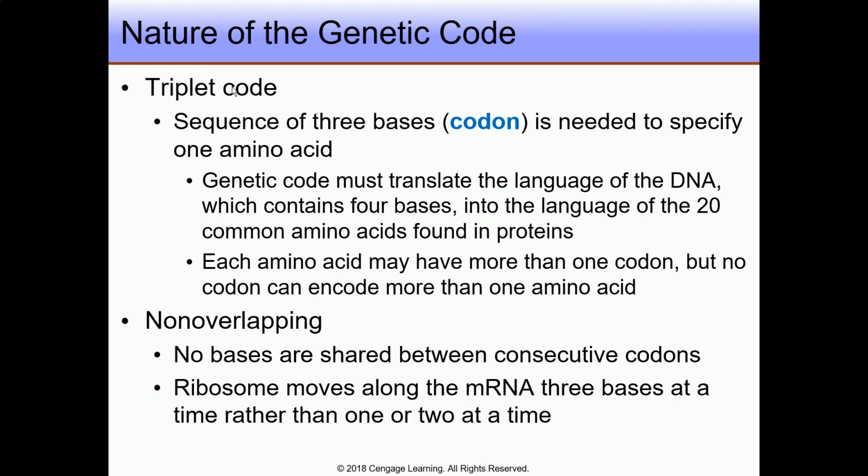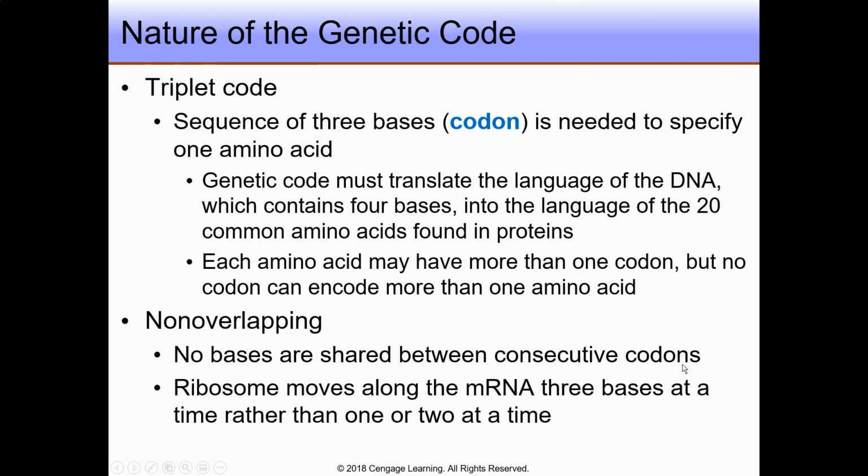The anticodon is complementary to the codon, and on the basis of that, the transfer RNA has the specific amino acid on it. So what is the triplet code? A sequence of three bases, which we call a codon, is needed to specify one amino acid. These codons are non-overlapping, so basically no bases are shared between consecutive codons.